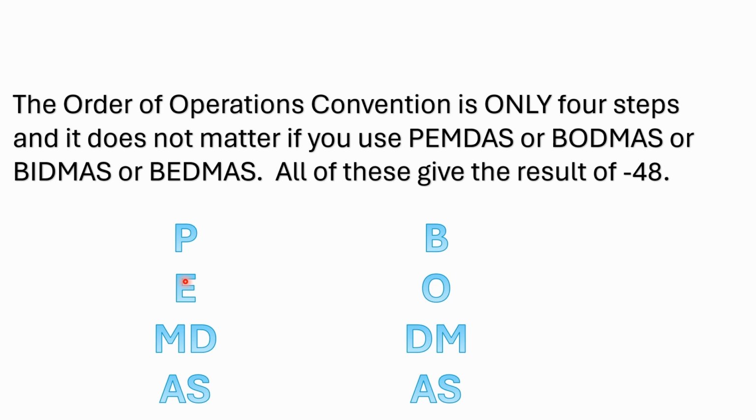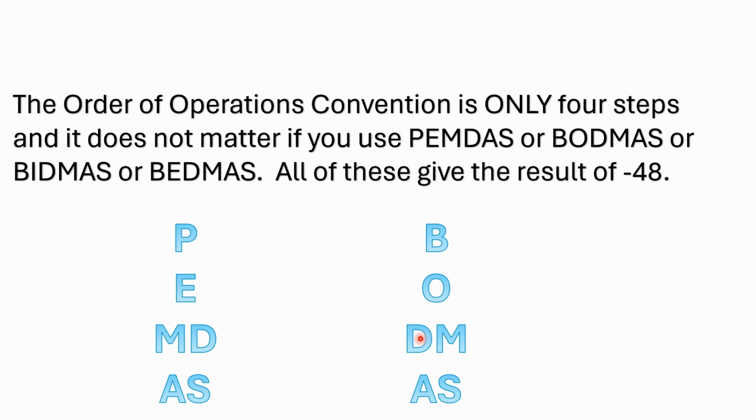The E in PEMDAS is supposed to represent that, but exponents doesn't really tell you the whole story. And again, with BODMAS, your division and multiplication have equal precedence, and a lot of people will say, well, why is that? Well, division is the same thing as multiplying by a reciprocal, so really the same kind of operation. So they're given equal precedence.